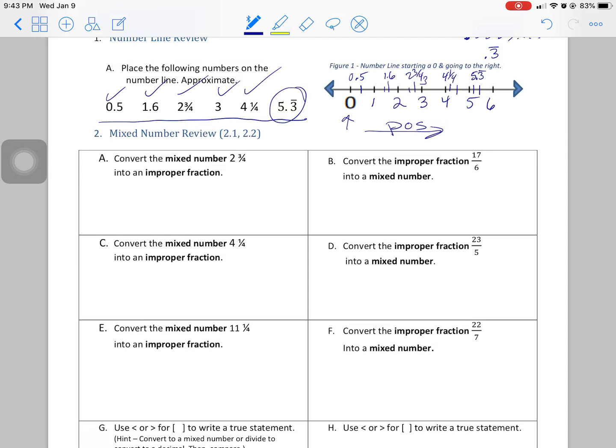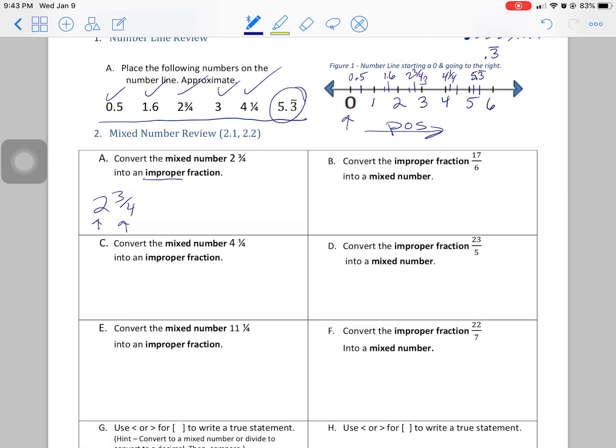We have mixed numbers. How many of you remember how to convert a mixed number, 2 3/4, into an improper fraction? Mixed numbers are made out of a whole number part and a fractional part.